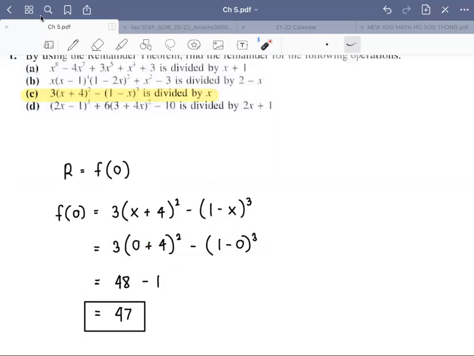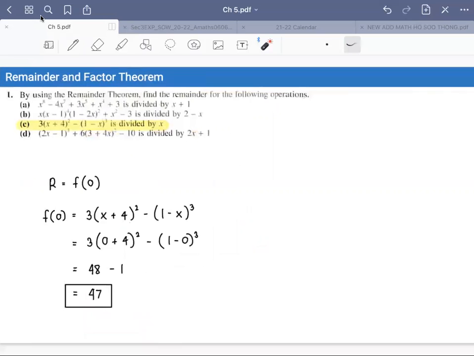Okay, any questions, class, for letter C? Did we get the same answer for 1A and C? I hope we got the correct answer, and I want to see your workings for A and C.